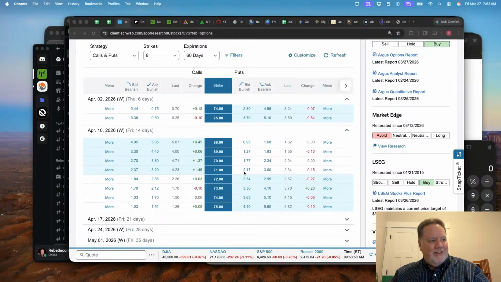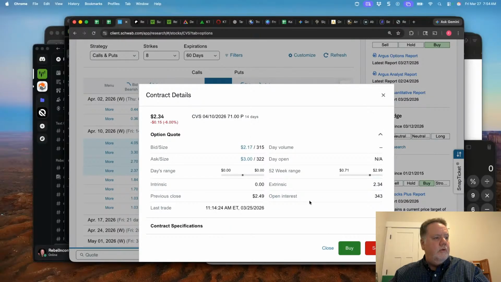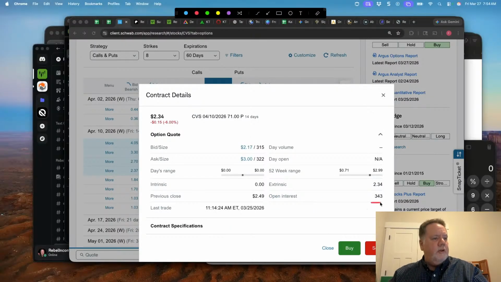Here's 2.17 for April week 2. And this one's got a little bit more going on in open interest, so this could be interesting. You're not completely making up the difference in terms of what you would lose.